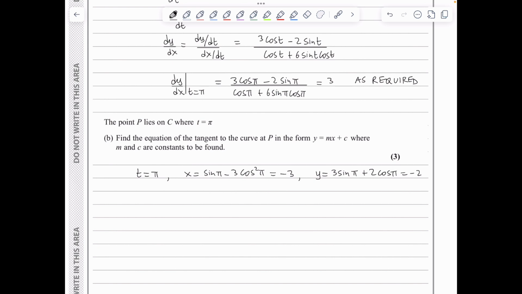Well, we know that the equation of the straight line is given by y minus y1 is m times x minus x1. So we're looking at y minus the negative 2 is equal to the gradient of 3 we obtained in the previous part times x minus the negative 3. So we're looking at y plus 2 is equal to 3 brackets x plus 3. I will expand the right hand side to get y plus 2 is 3x plus 9, leading to y is equal to 3x plus 7.